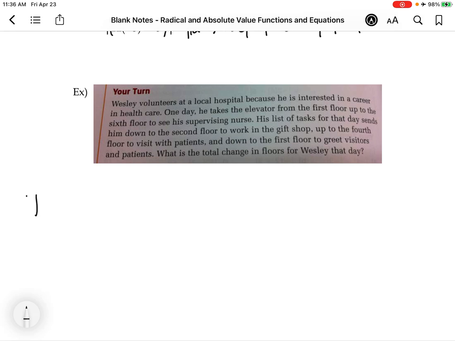Okay, so total change would be, well, where does he start? He starts at 1 and then he goes to 6. So that's the first difference. Okay, then he goes to the 2nd floor.